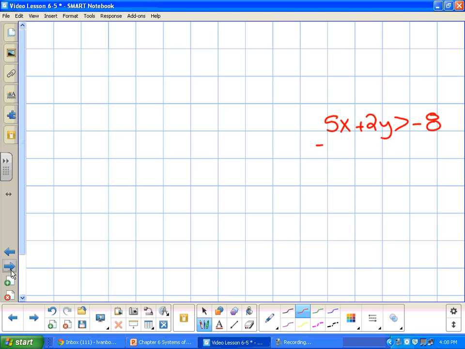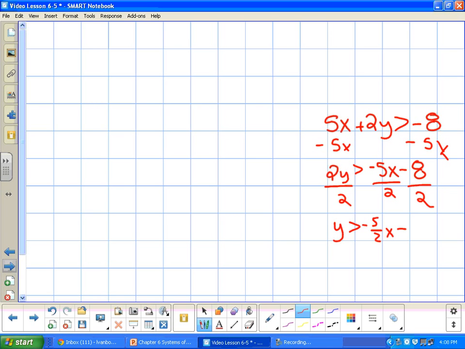So solving for y, I'll subtract 5x from each side, giving me 2y is greater than -5x minus 8. I need to divide by 2, which means I'll divide every term by 2, and I get the inequality y greater than -5 halves x minus 4.